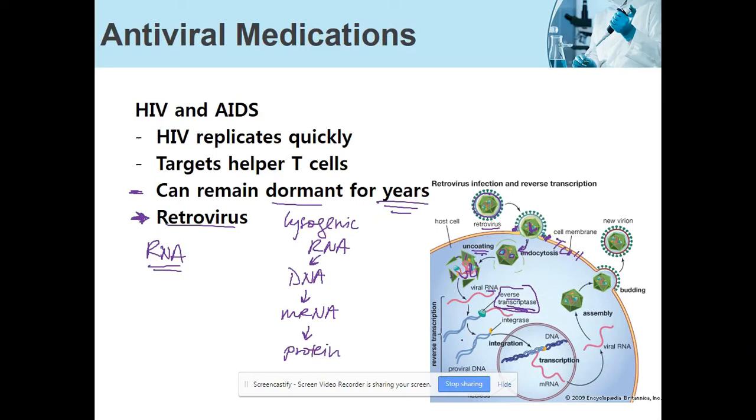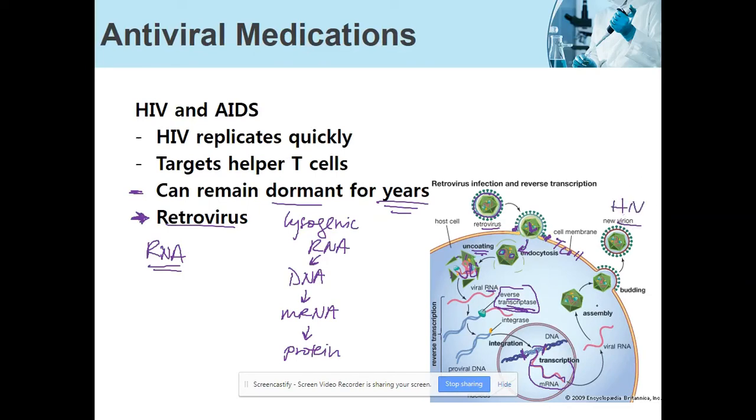And then that DNA gets incorporated into the host cell's DNA. And then you go through the normal process of making messenger RNA. This is virus messenger RNA. It's used to make virus proteins. It's packed into the protein coat. And then we have a new virus.